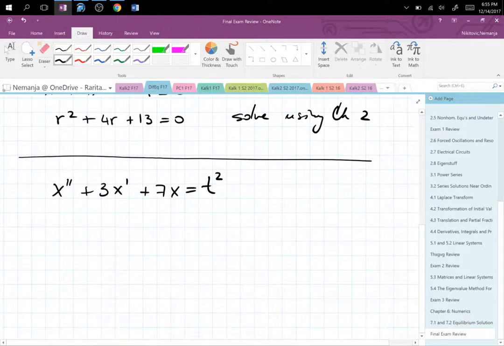Right, so decompose this into a system of first order equations.